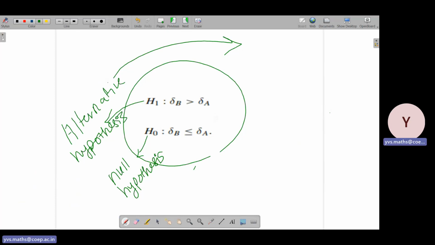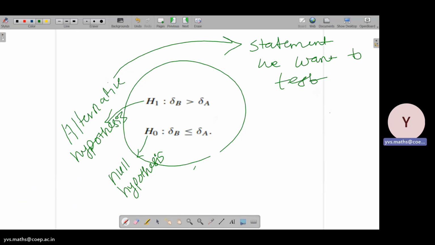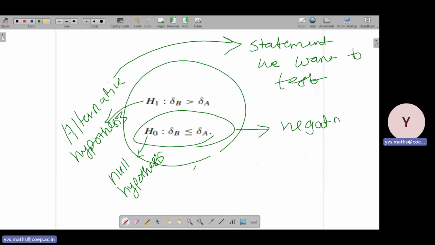But as per the convention of some statistical books, I have understood that the alternative hypothesis H1 should be the statement that we want to test, and H0, namely the null hypothesis, is the negation of whatever statement we want to test. This is the convention of H0 and H1.